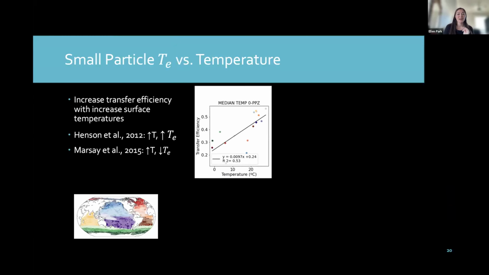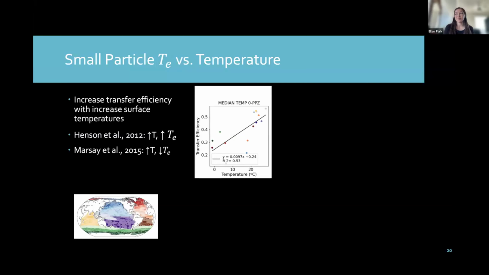And we can see a positive correlation between the transfer efficiency and temperature. This kind of result was found in Henson et al. 2012, where with increasing temperature, we're seeing an increase in transfer efficiency.